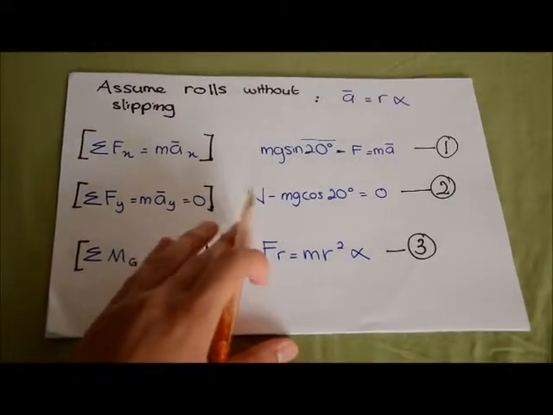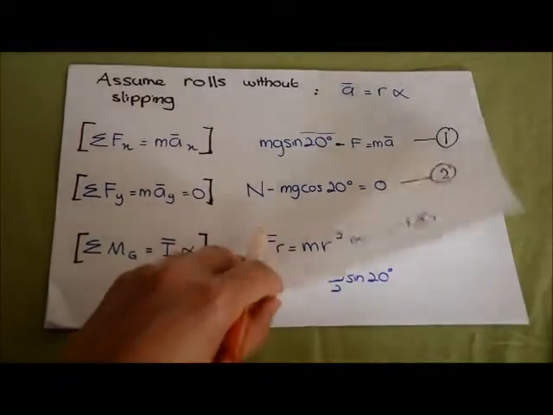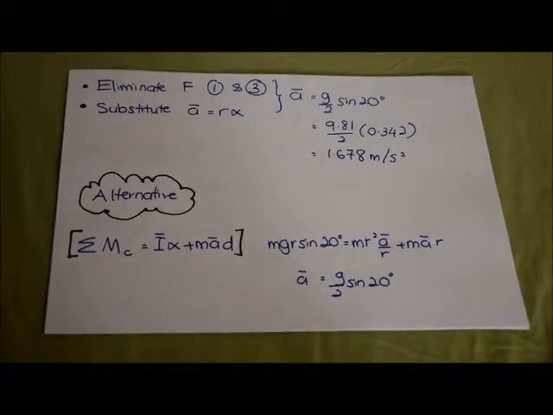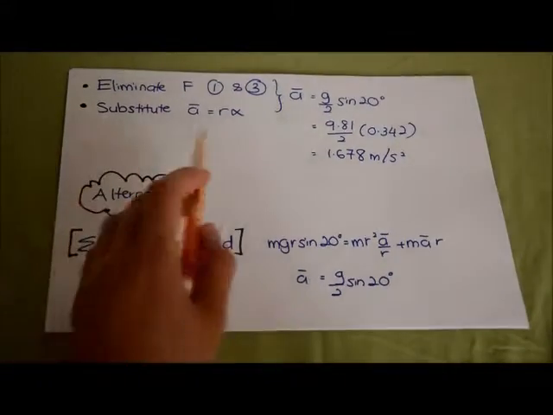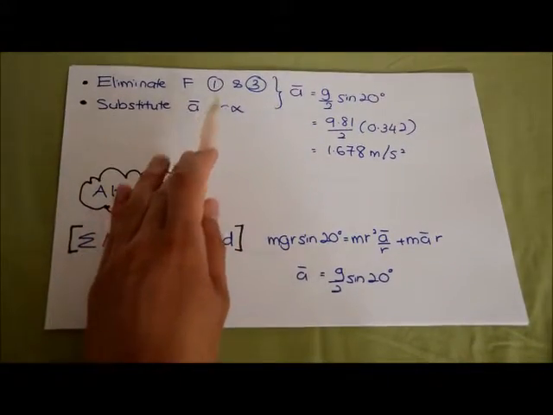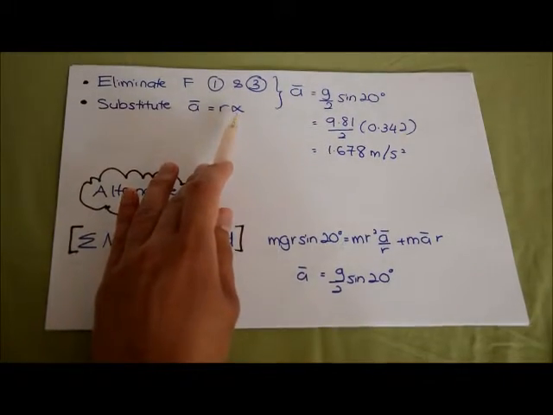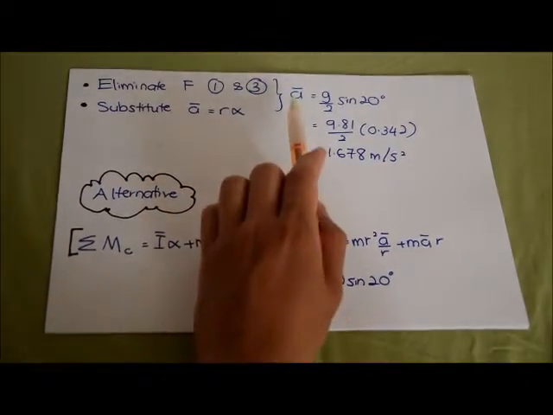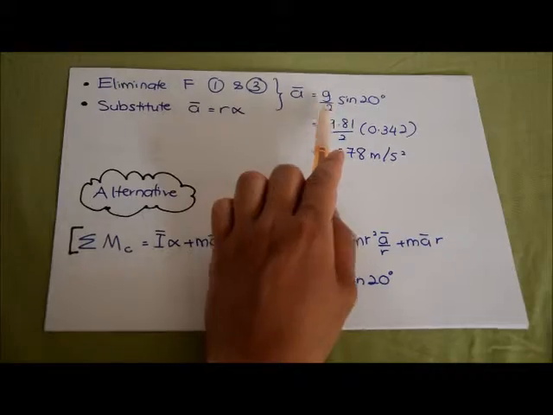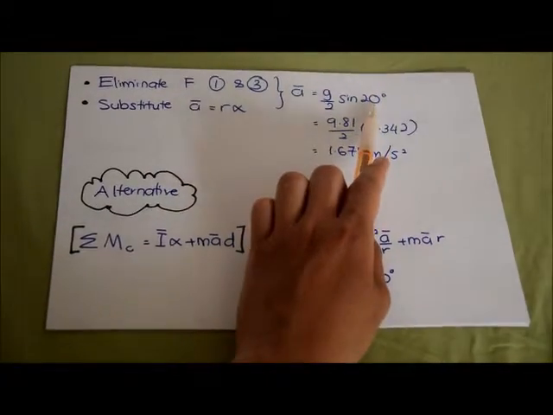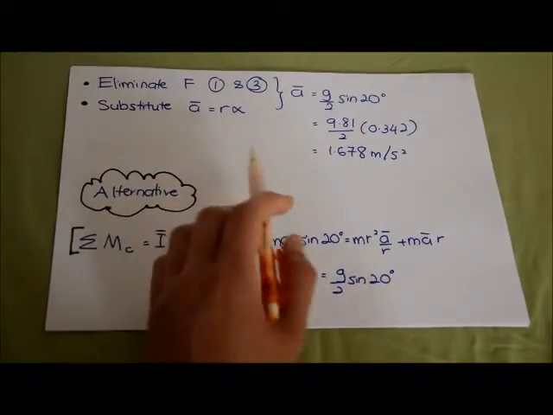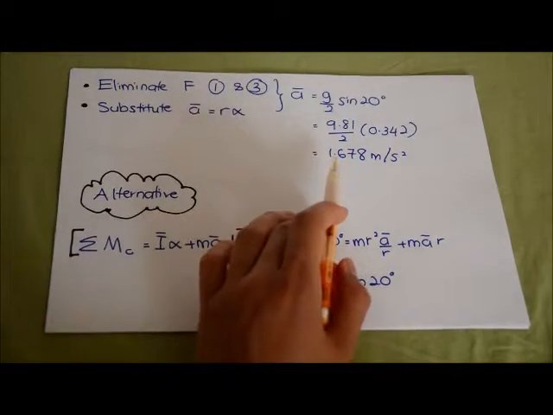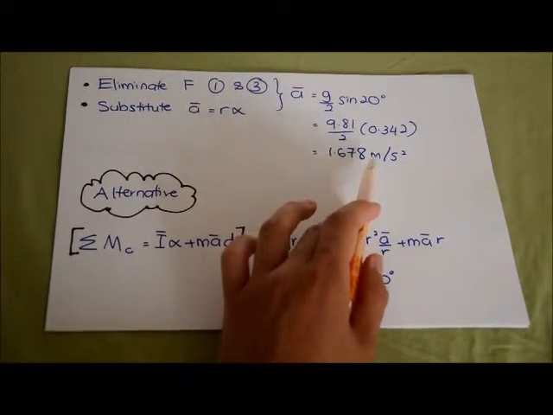By eliminating F in the first and third equations, and substituting the kinematic assumption of a bar equals R alpha, we will get this equation: a bar equals g over 2 sin 20 degrees. Now we get a bar, which is equal to 1.678 meters per second squared.